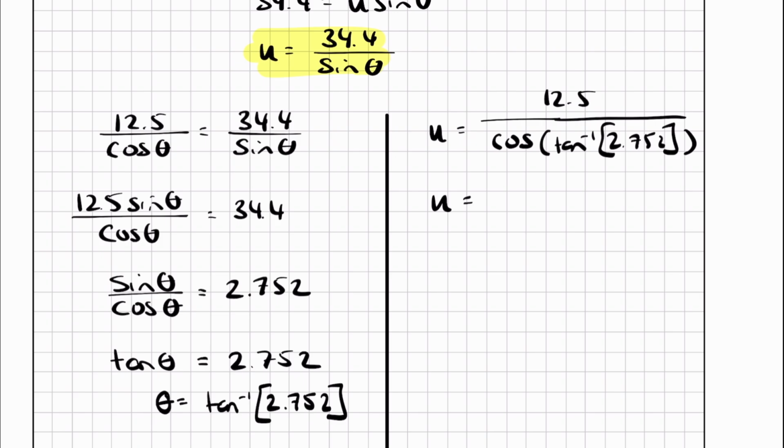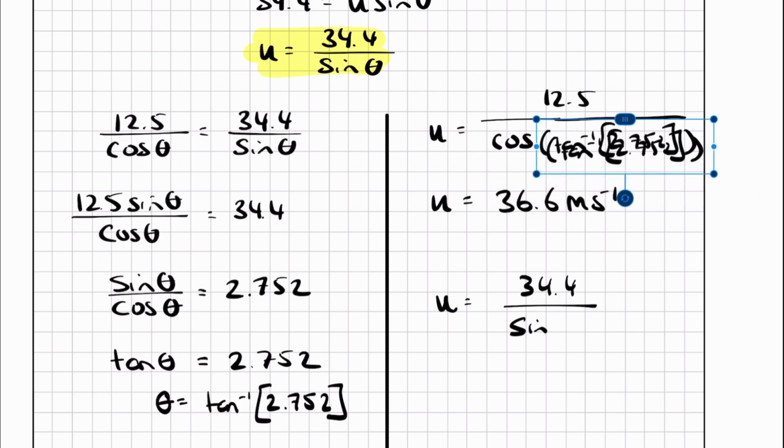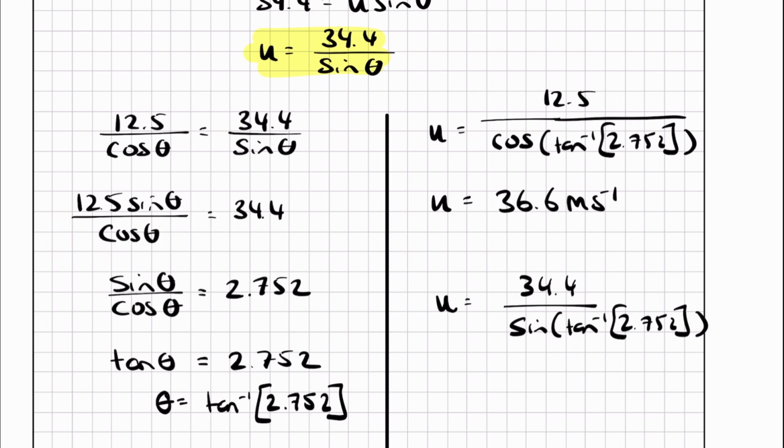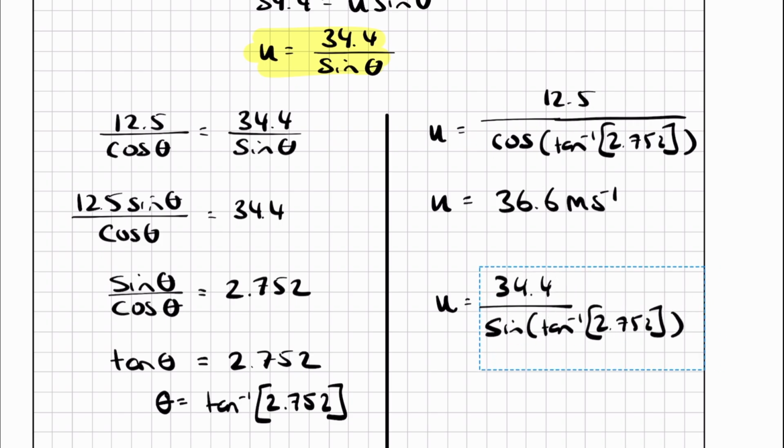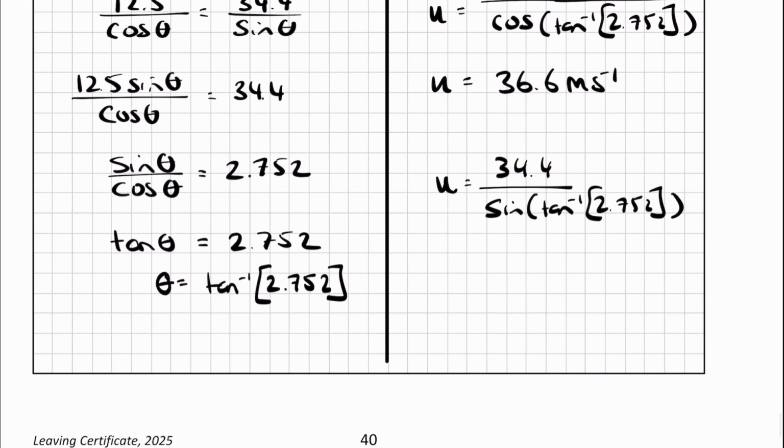2.752. Close off my brackets. That looks good. And I get it to be 36.6 meters per second. I'm just going to rinse and repeat with the other one. 34.4 over sine, and again, sine of all that stuff there. So duplicate that, bring it down there. Unfortunately, you don't have this in an exam, it'd be much handier than writing.